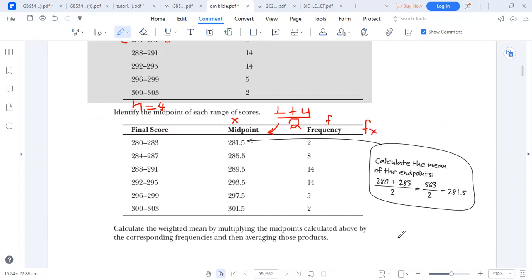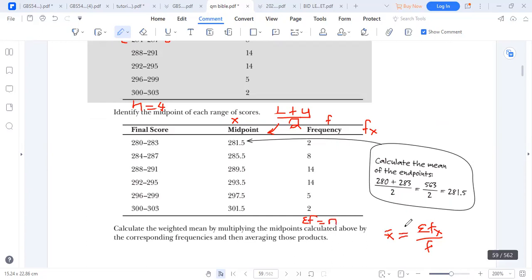And the mean for grouped data is simply given by the sum of f x divided by the sum of the frequency f, which is also called n.